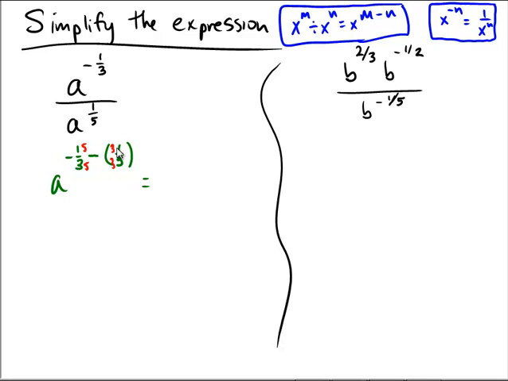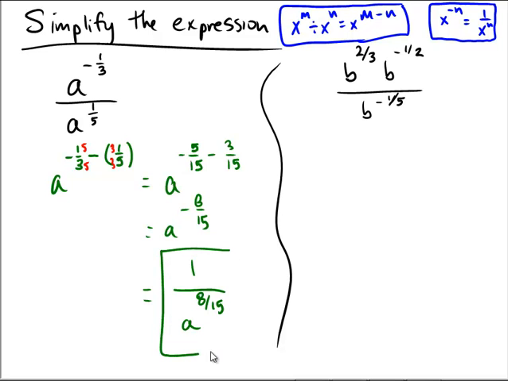So I'll insert a 3 on the top and bottom of the right number, and a 5 on the top and bottom of the left number. So we get a to the negative 5 over 15 minus 3 over 15, which would be a to the negative 8 over 15, and therefore your final answer would be 1 over a to the power of 8 over 15, moving things to the denominator for the negative exponent.